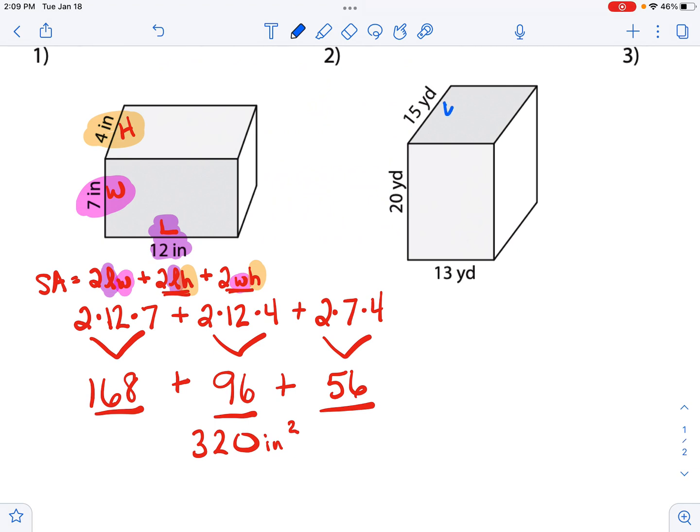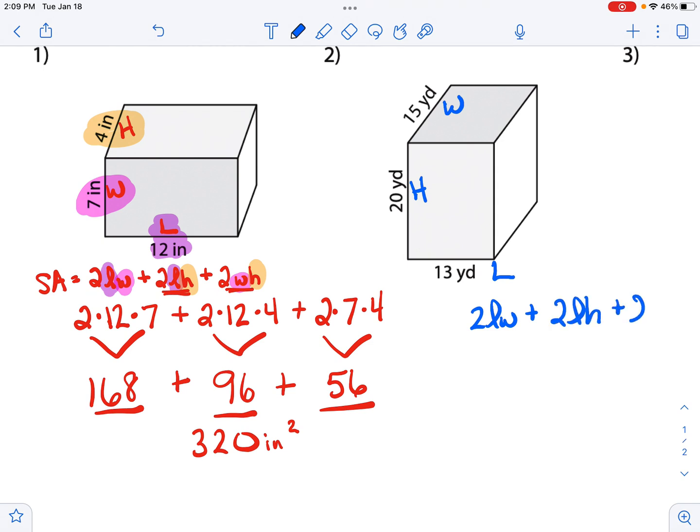Let's call that the width. Let's call 20 the height, and let's call 13 the length. I just picked any letter as long as I have one of each. Copy down my formula, 2LW, 2LH, 2WH, and substitute in what I have.